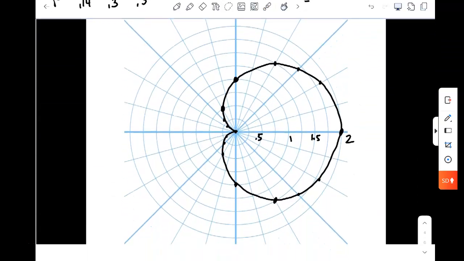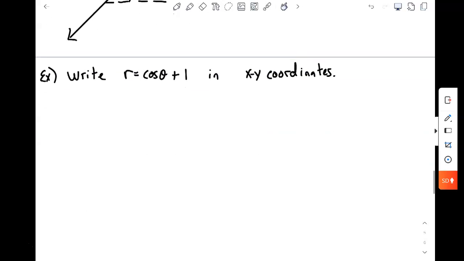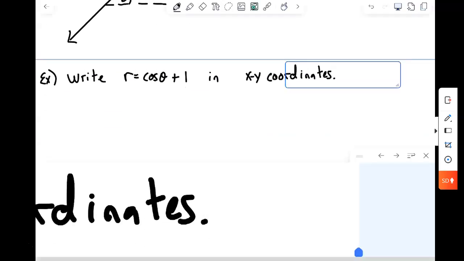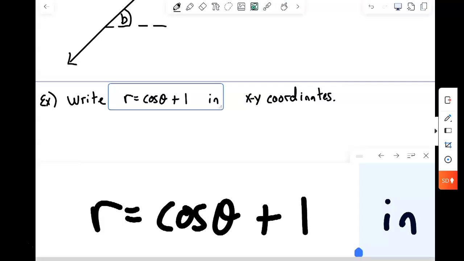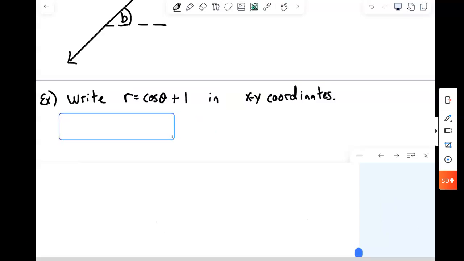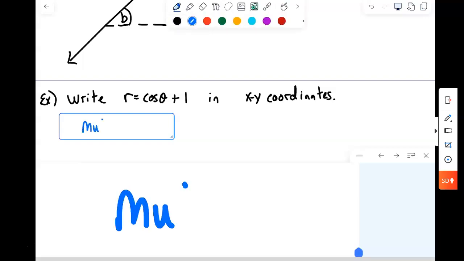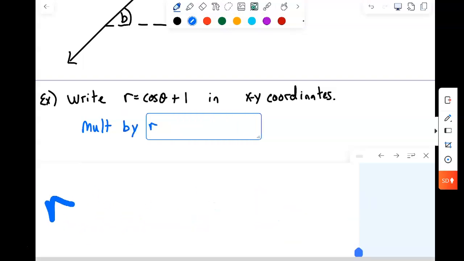And so here we can accomplish our goal by saying, I need to get things like r cosine theta. So what I decide to do is multiply the whole equation by r on both sides.